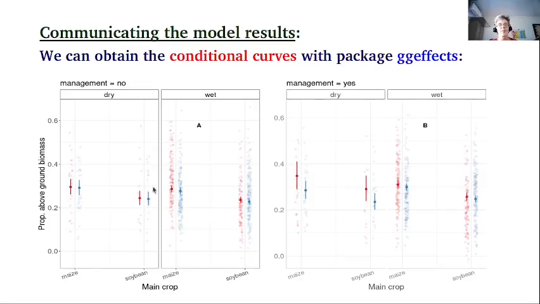So we have the predicted means and confidence intervals predicted by the model and the actual data. We see, of course, that the data has much larger variability than shown by the conditional curves.